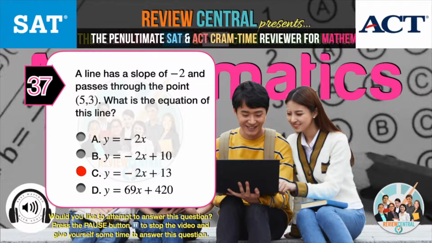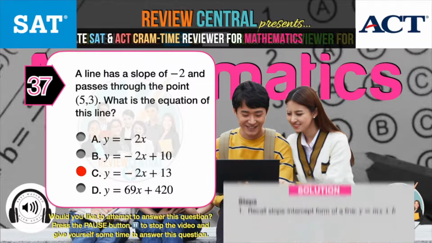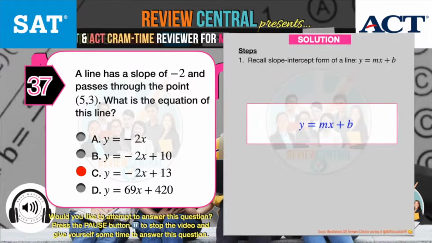There is usually at least one question involving slopes in every SAT math test. This is an example. To find the equation of a line given its slope and a point where the line passes, first we must recall the slope-intercept form of a line, which is y equals mx plus b, where m is the slope of the line, and b is its y-intercept.